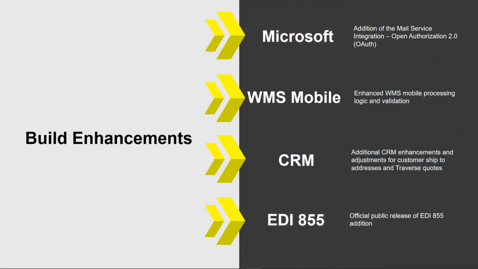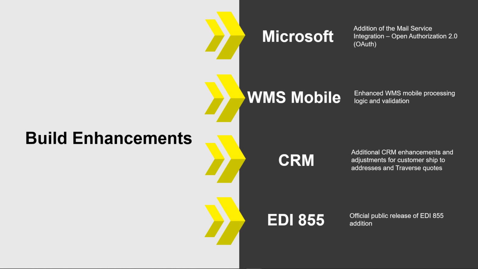This build update includes several key enhancements. First, the addition of the mail service integration to support Open Authorization 2.0. Next, an enhancement to WMS Mobile for better logic and validation when scanning using WMS Mobile.